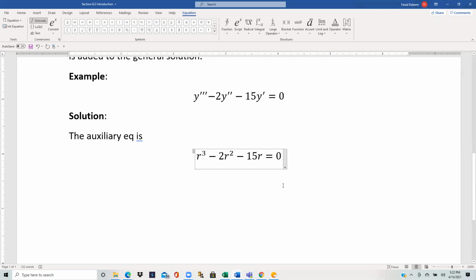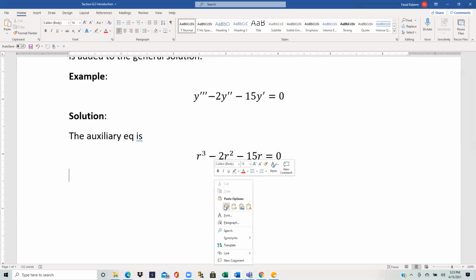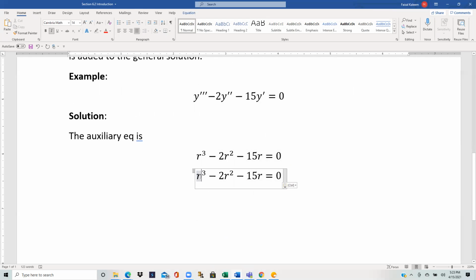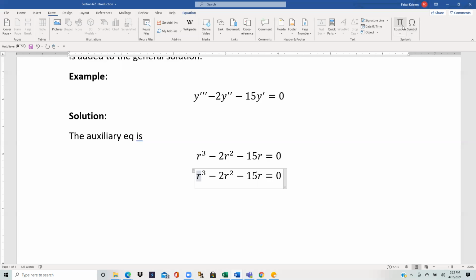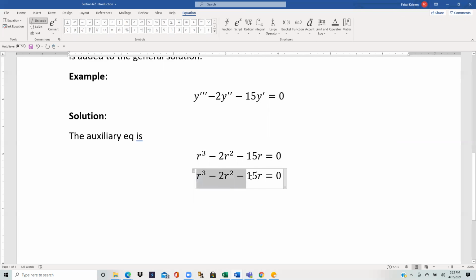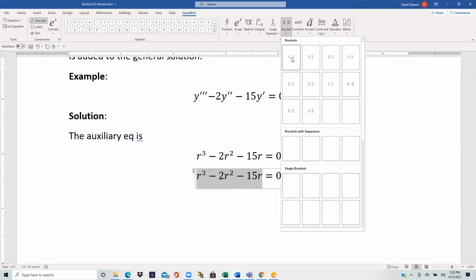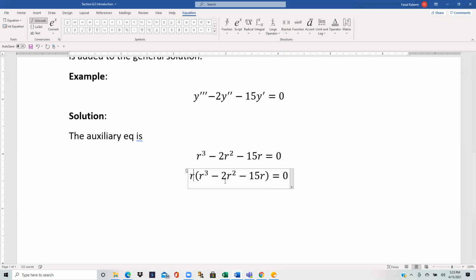If we factor out an r, we will be left with r squared minus 2r minus 15.